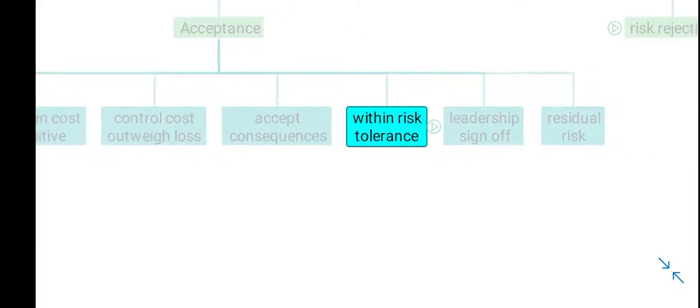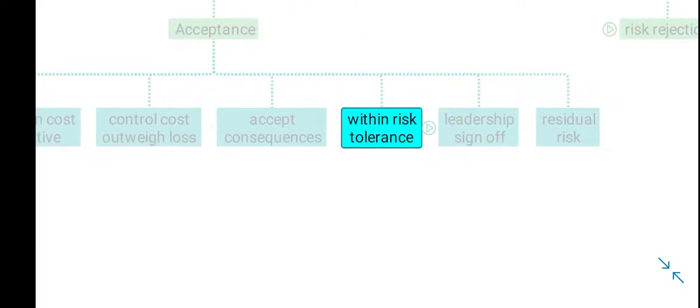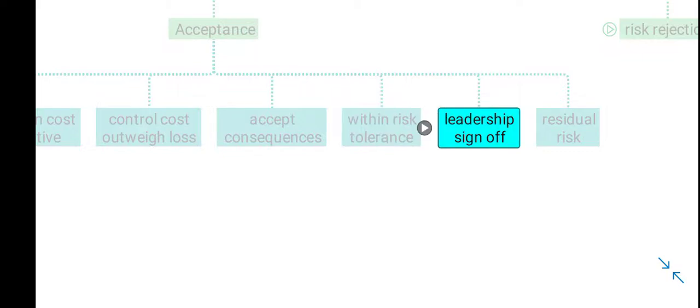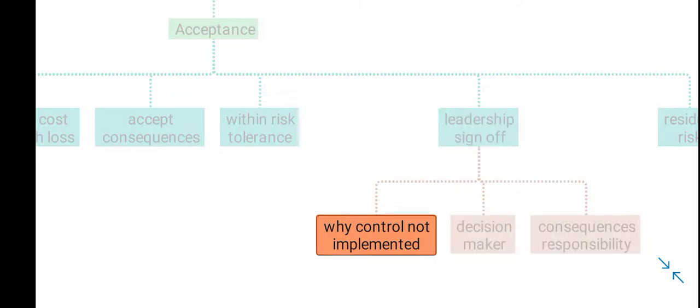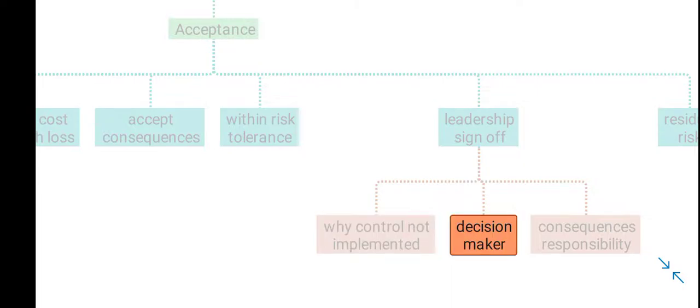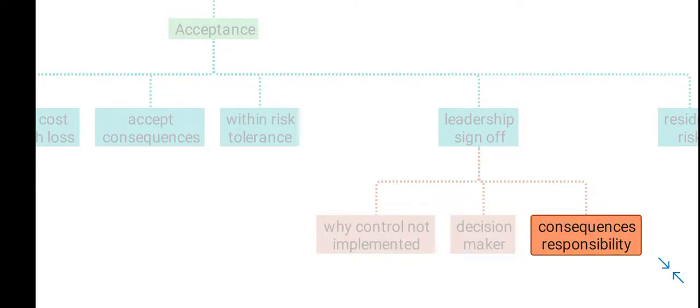So it is within the risk tolerance level of an organization, and leader sign off is a must on why a particular control was not implemented, and who is the decision maker, and who will be responsible for the consequences.